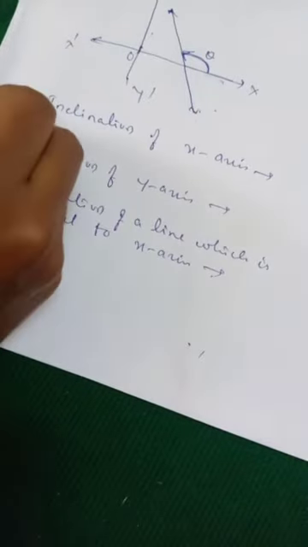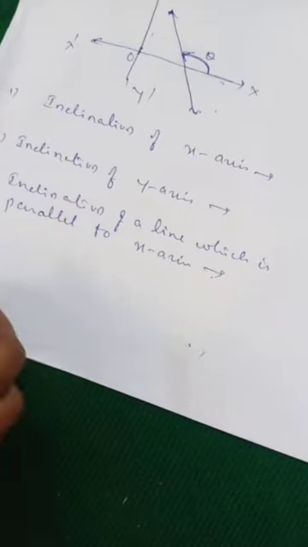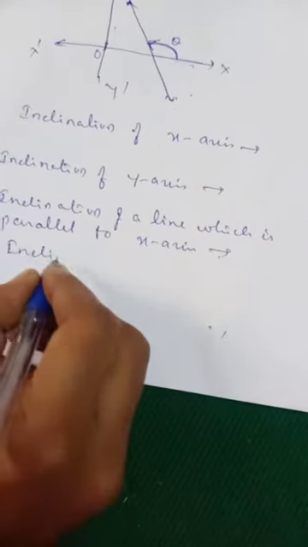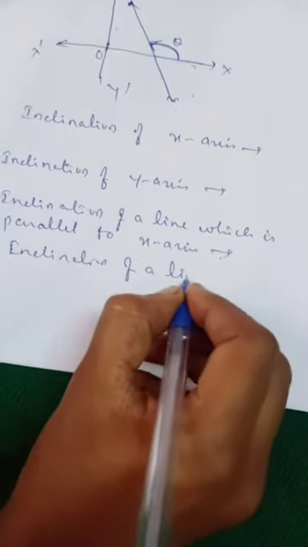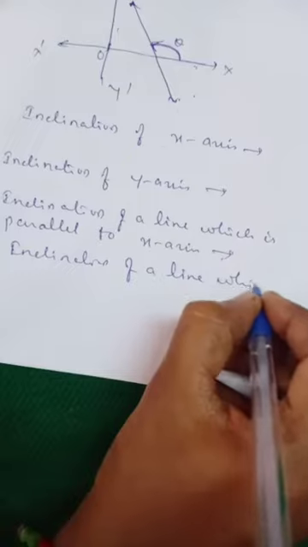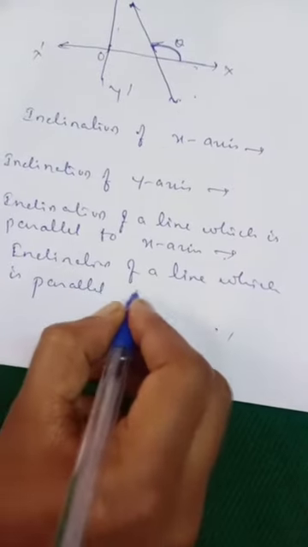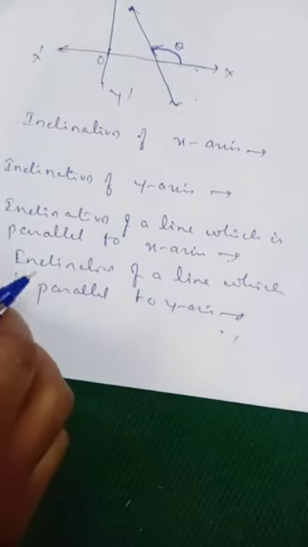Then the fourth one is the inclination of a line which is parallel to y-axis. So we'll see one by one here.